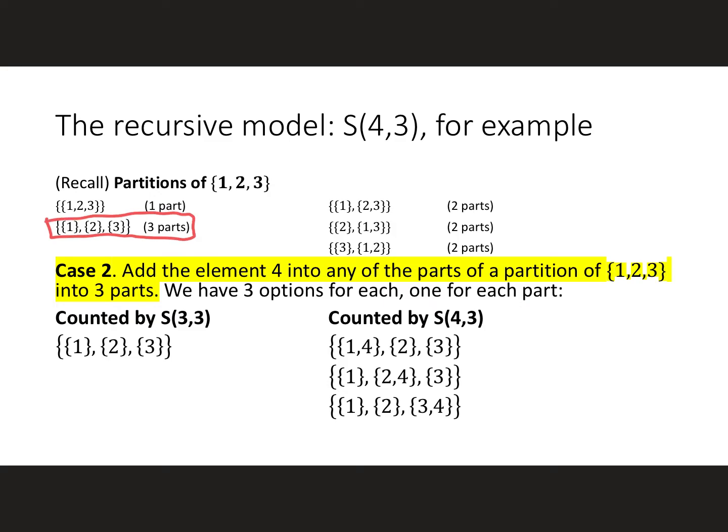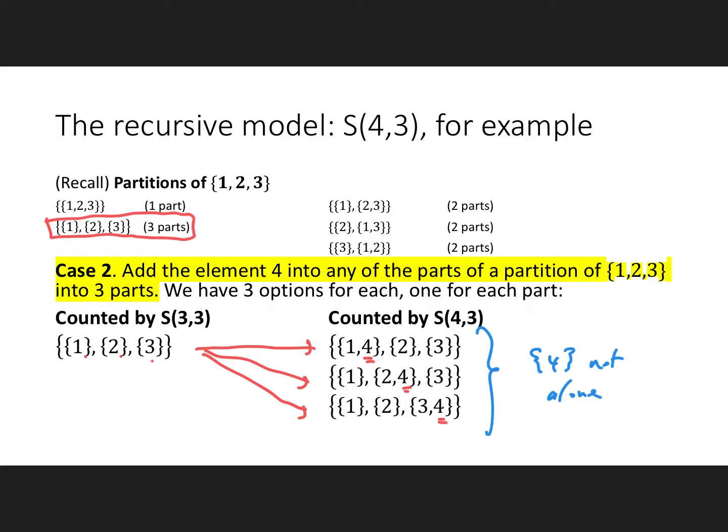But when I have the partition singleton 1, singleton 2, singleton 3, that's now going to give me 3 different partitions of 1, 2, 3, 4 because I get to decide where to stick the 4. I'm going to put the 4 in with one of the 3 parts I already have. So the thing that all of these have in common is that the 4 is not alone. Right, so the 4 is not there by itself.